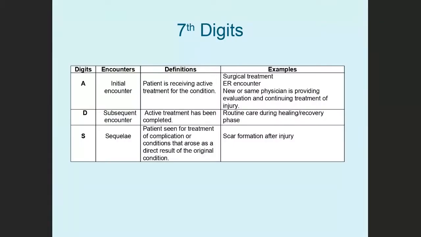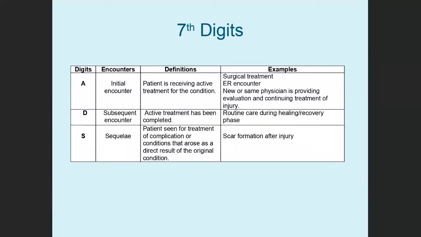Injury codes require a seventh character to indicate the encounter. A seventh character A is the initial encounter when the patient is treated for the condition, active treatment. Surgical treatment, in an emergency encounter, suturing, that kind of thing. It's also used when a new or the same physician is providing evaluation and continuing treatment of the injury.